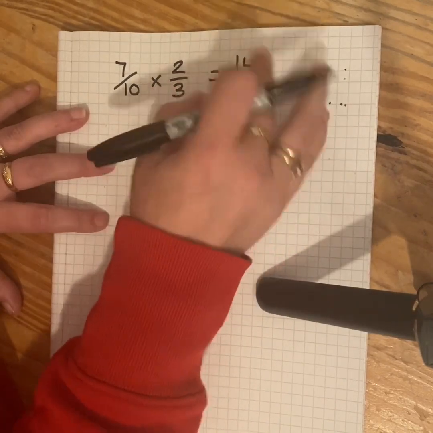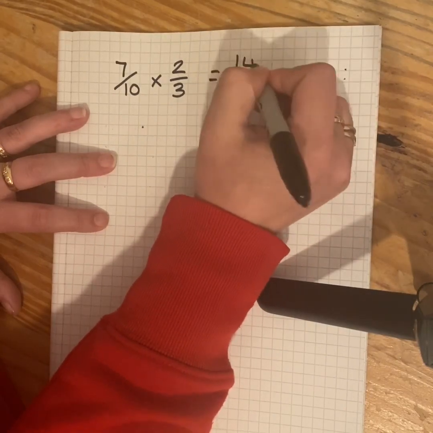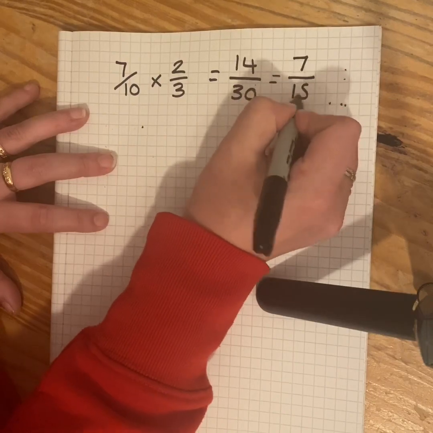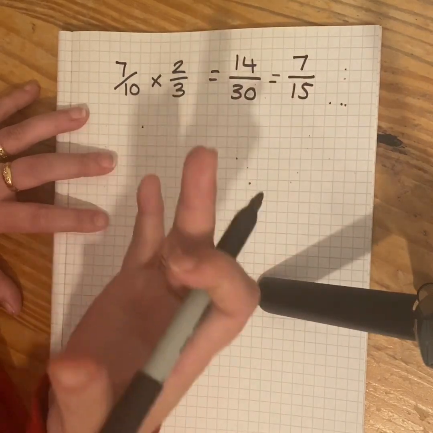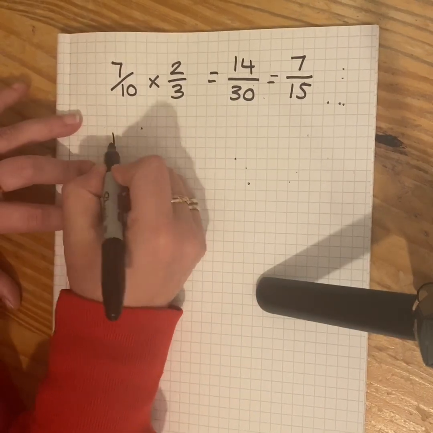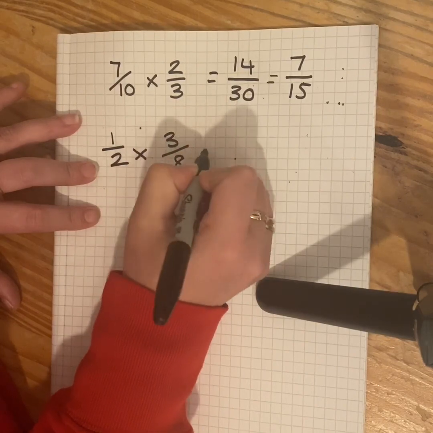We can simplify, both have a factor of 2, so divide that one by 2 to make 7, divide that one by 2 to make 15, so it would be 7/15 in its simplest form.